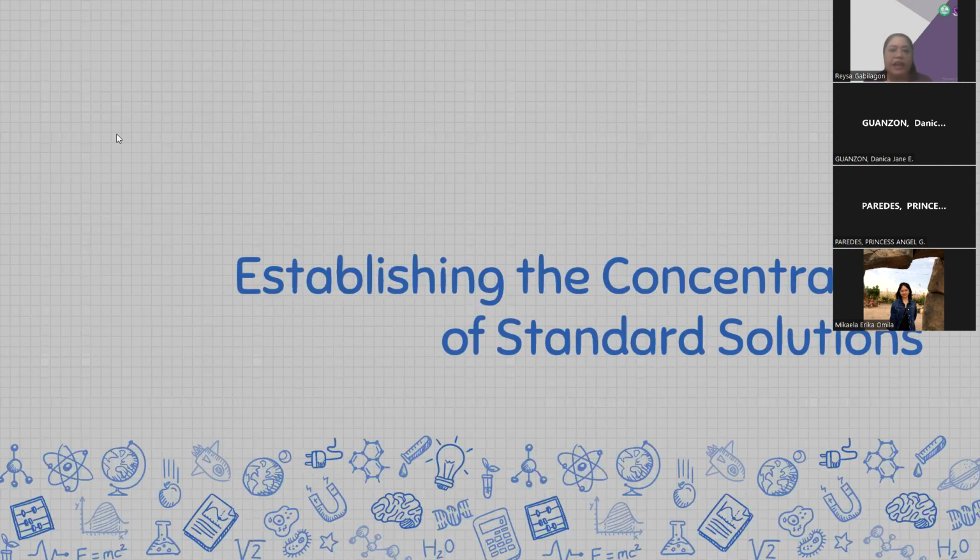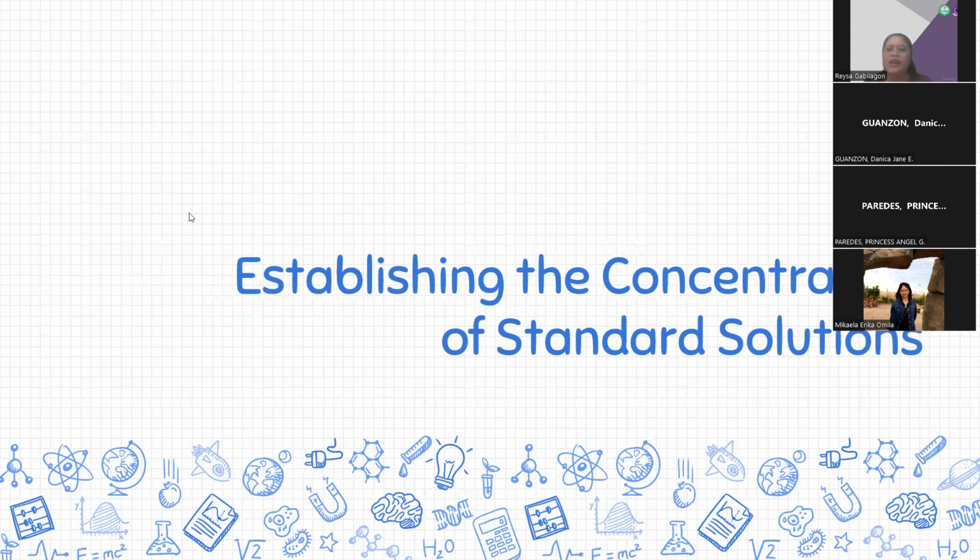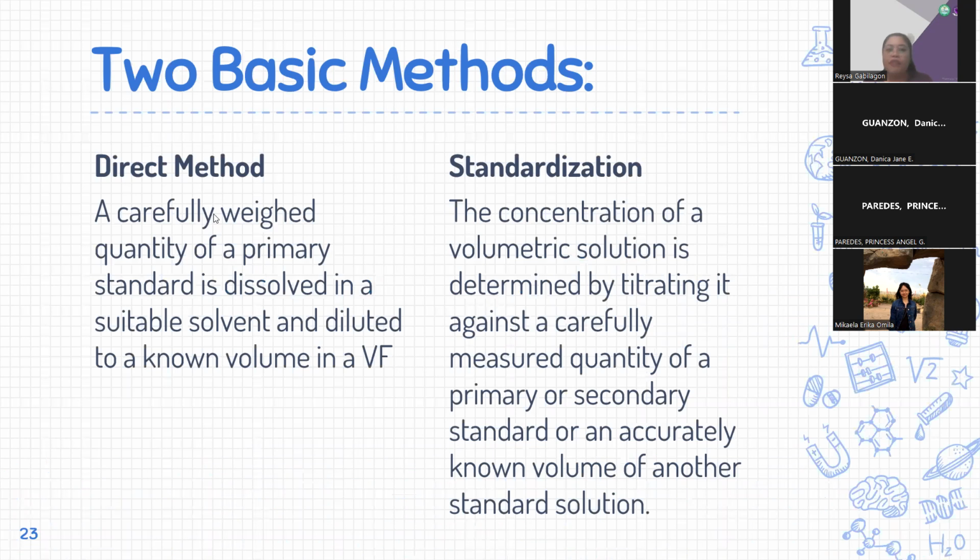But let's discuss first, how do we establish the concentration of our solutions? It can be our standard solutions or any other prepared solutions in the laboratory. We have two basic methods, the direct method and the standardization.